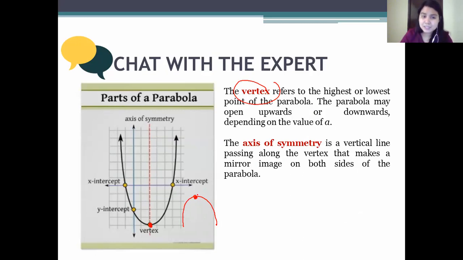Now, the axis of symmetry is this one. It is the vertical line that passes through the vertex, and it makes the right side a mirror image of the left side. If a parabola opens downwards, then the axis of symmetry is here.